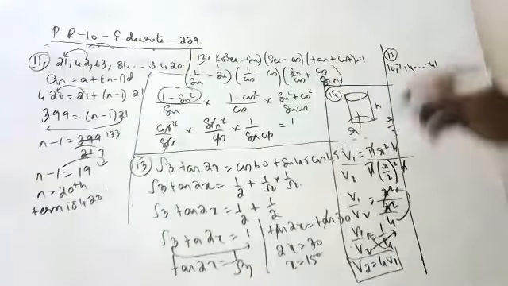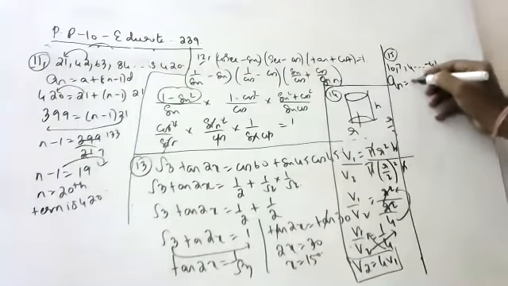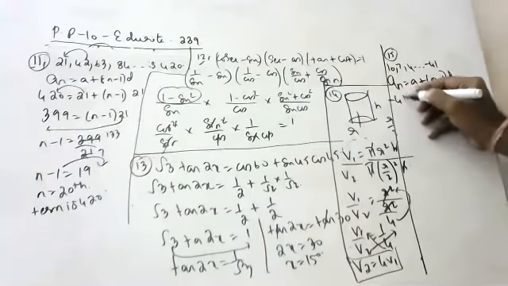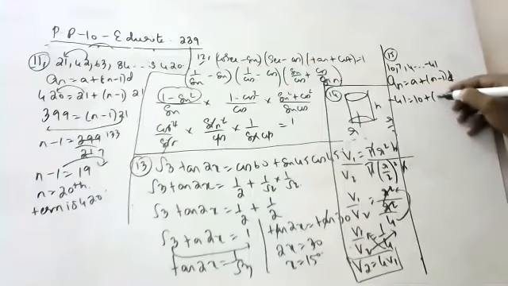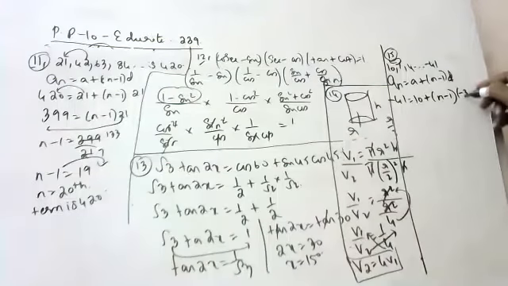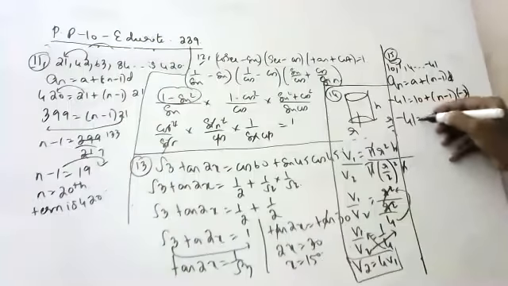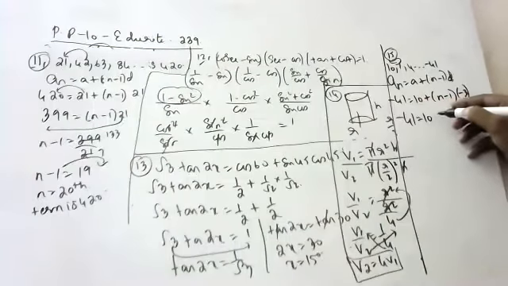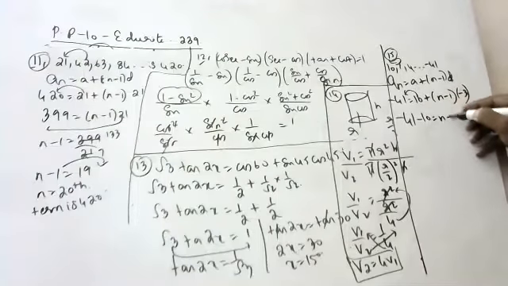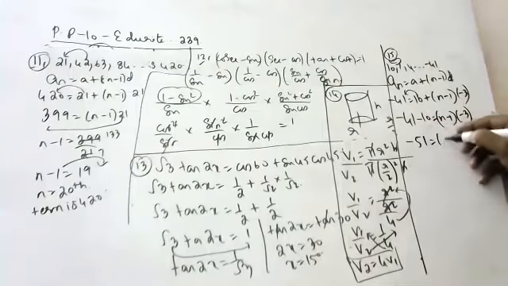Come on, fast. a is equal to 10. a plus n minus 1 into d. 10 plus n minus 1 into minus 3. Minus 41 minus 10 is equal to n minus 1 into minus 3. Very good. Minus 51 divided by minus 3. Take down.